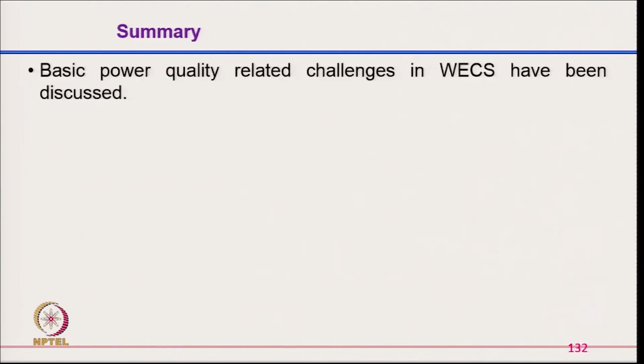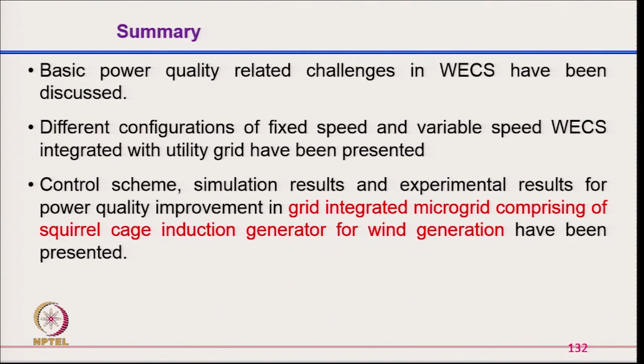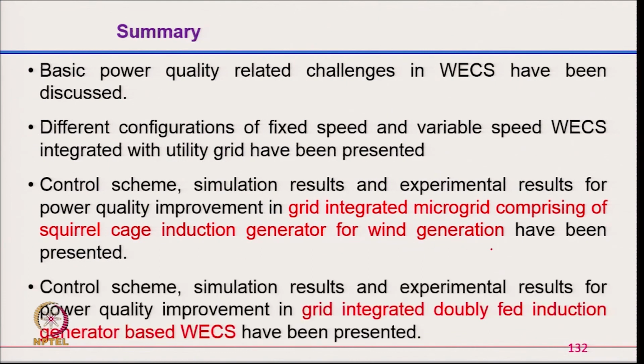Now, coming to summarize the wind energy conversion system. Basic power quality related issues in wind energy conversion systems have been discussed, and different configurations of fixed speed and variable speed wind generation systems integrated with the utility grid have been presented. Control scheme, simulation results and experimental results of power quality improvement in a grid integrated system comprising a squirrel cage generator have been presented, and control scheme, simulation results and experimental results for power quality improvement in a grid integrated DFIG based system have been presented.